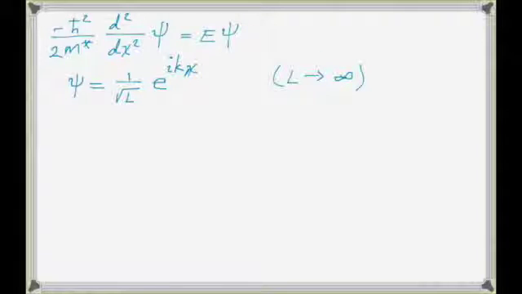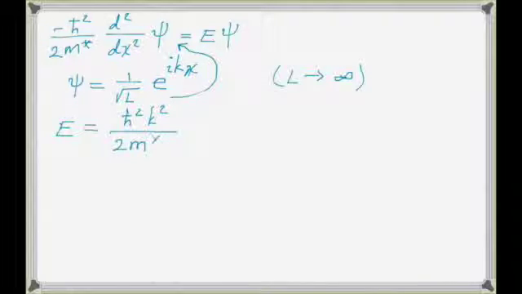And if you put this plane wave back into Schrodinger's equation up there, you take the second derivative, you just pull out a negative k squared. And then I cancel the e to the i kx on both sides of the equation, and I immediately get that E is equal to h bar squared k squared over 2m star.